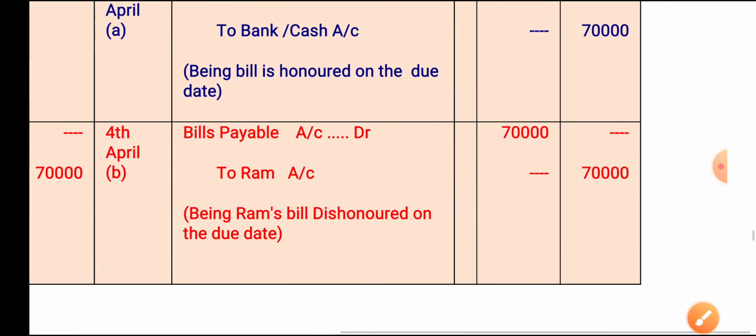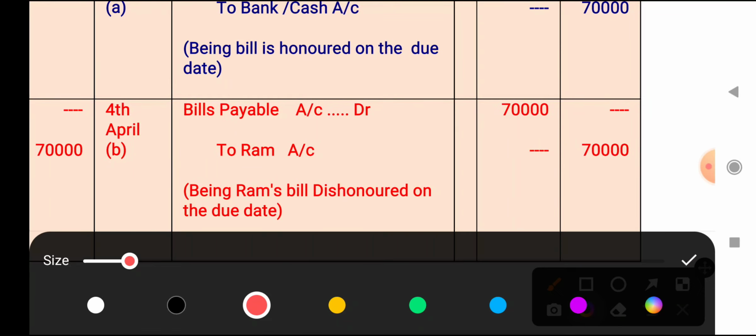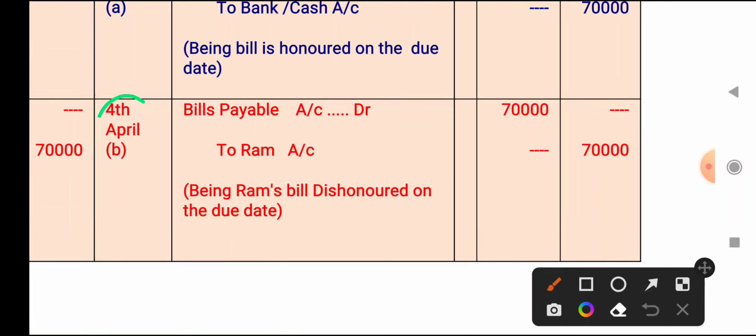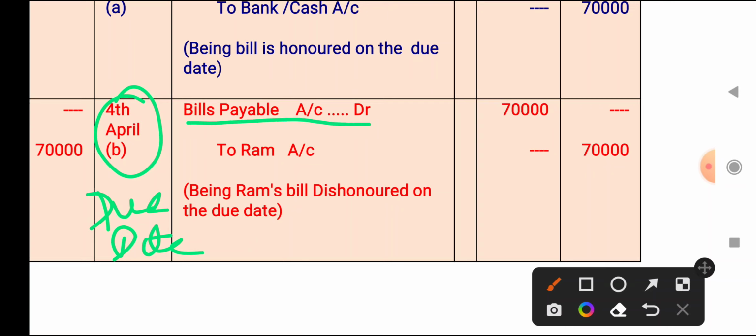If the same bill is dishonored on the due date, what will be the general entry? That is the next situation. On the due date, bill is dishonored. Bills payable account debited to Ram account 70,000, being Ram's bill dishonored on the due date.